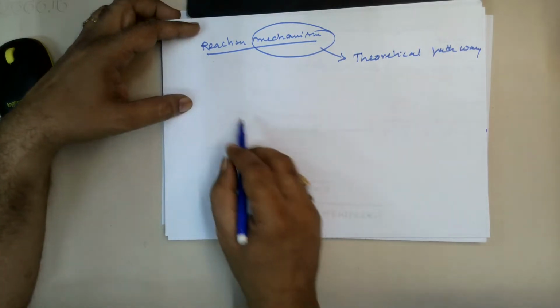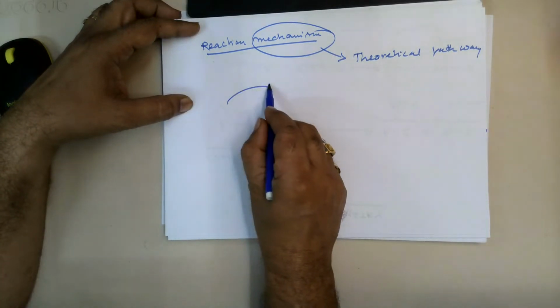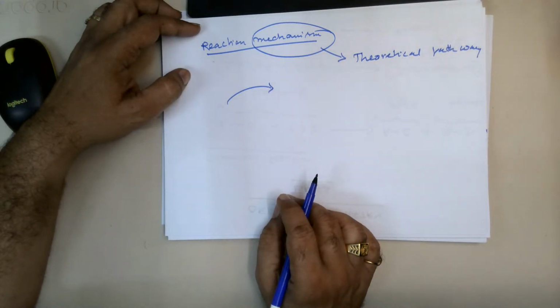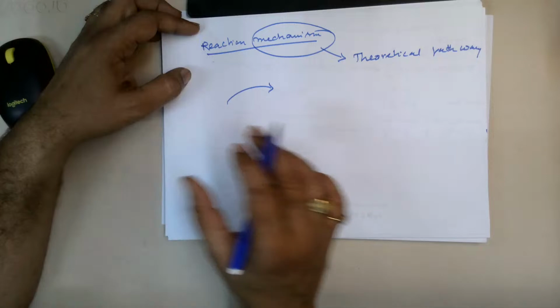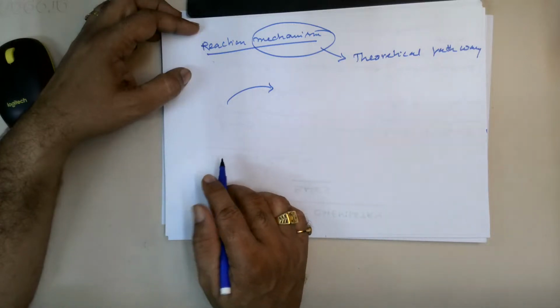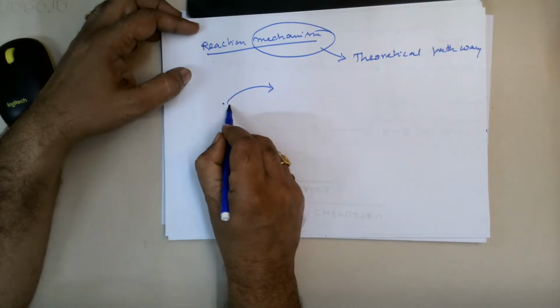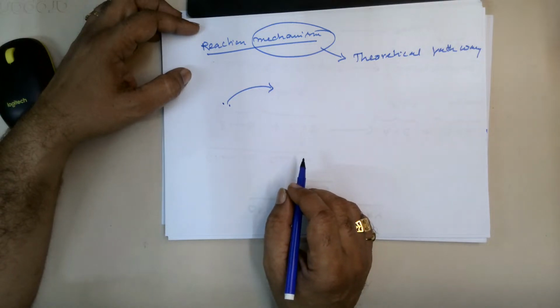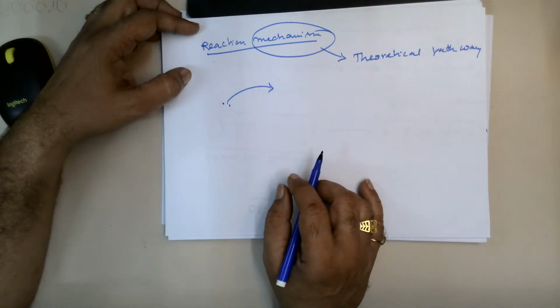Usually the direction of flow of electron can be represented by an arrow like this. So the movement of a pair of electrons is represented by this kind of arrow, a double hooked arrow, you can say.